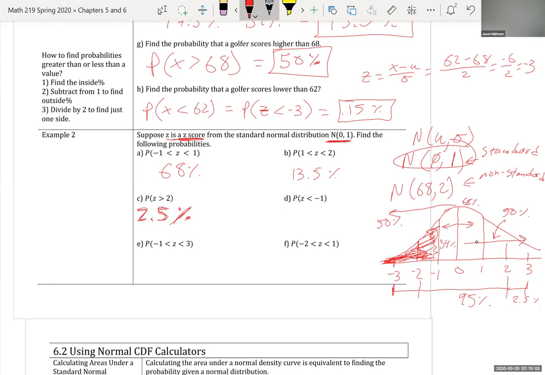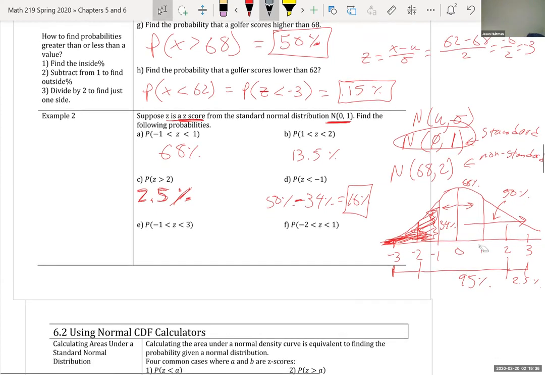And so this is going to be 50% minus 34%, which is 16%. Whoops, I'm on the wrong one. My bad. This is 50% minus 34%, which is 16%.